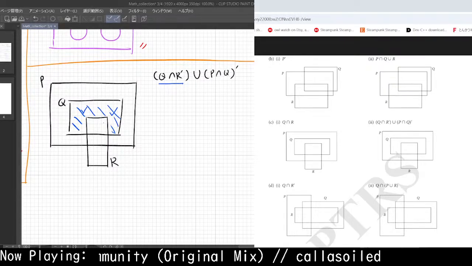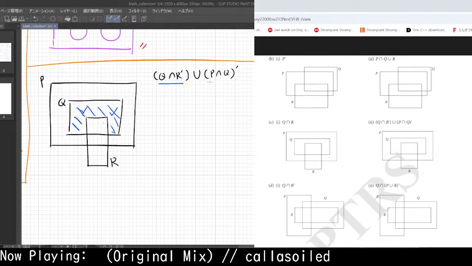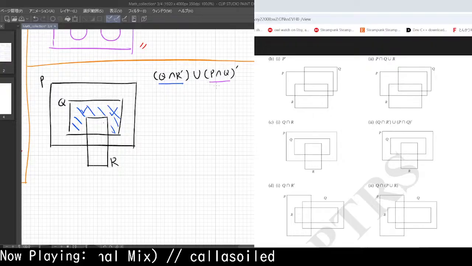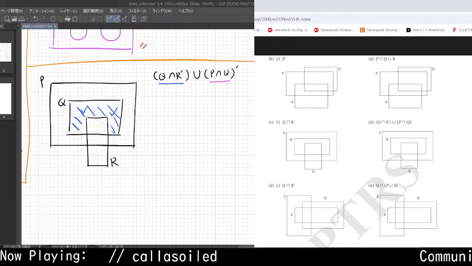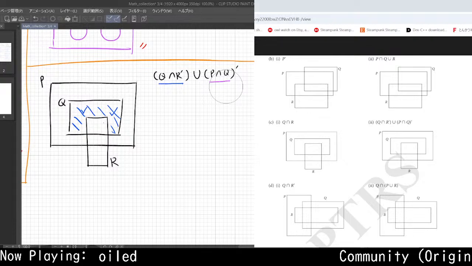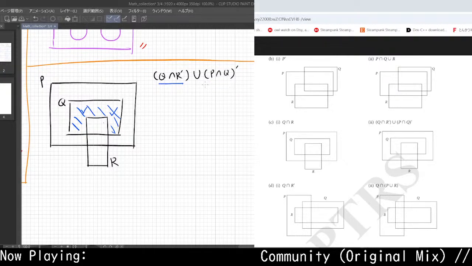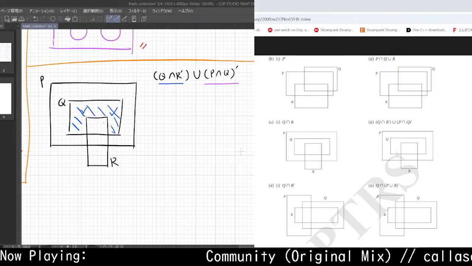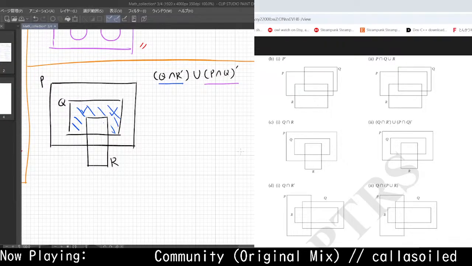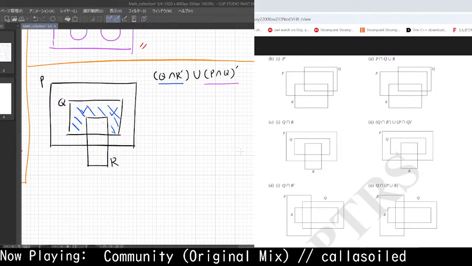Okay. Next, P ∩ (Q ∩ R′)′, so we will get Q ∩ R′ and then take everything outside of it.